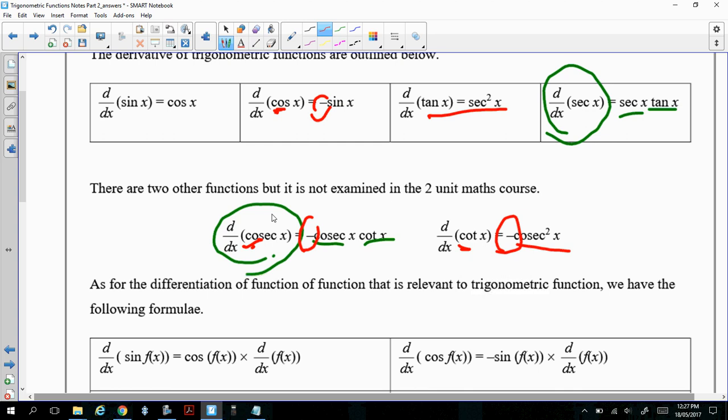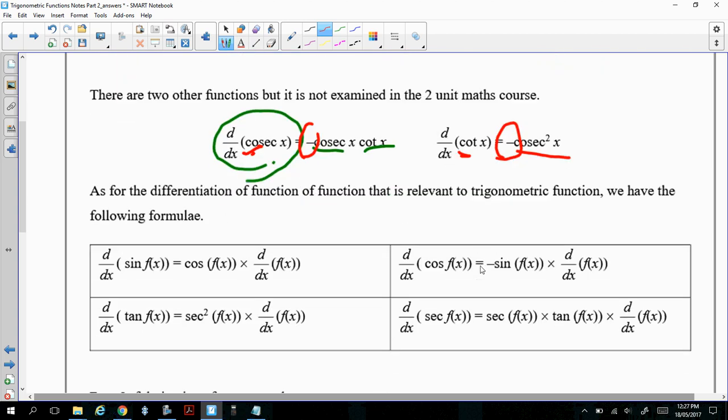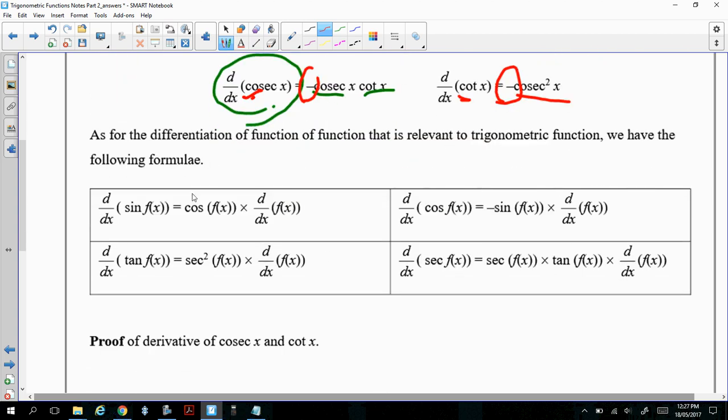Okay, so these are the general formulas. If I want to differentiate sine of f(x), I differentiate sine first, which gives cos, then differentiate the angle, which is the derivative of f(x). These formulas can be found on the formula sheet.